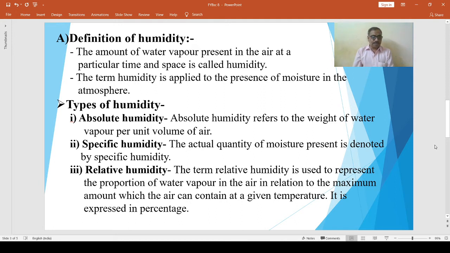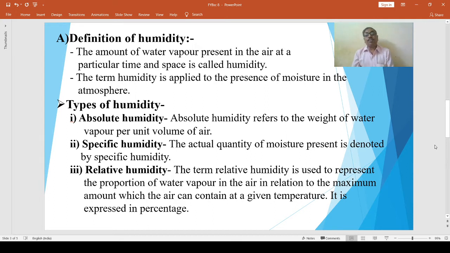Then specific humidity. The actual quantity of moisture present is denoted by specific humidity. Specific humidity is defined as the mass of water vapor in grams contained in a kilogram of air. For any given air temperature, there is a maximum mass of water vapor that a kilogram of air can hold.